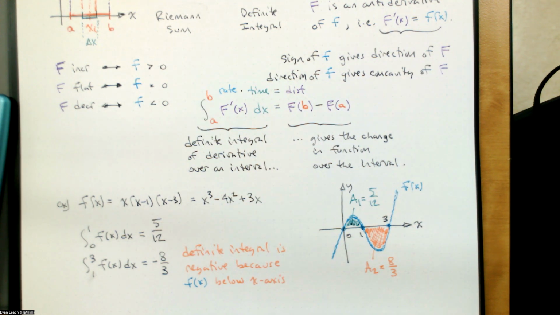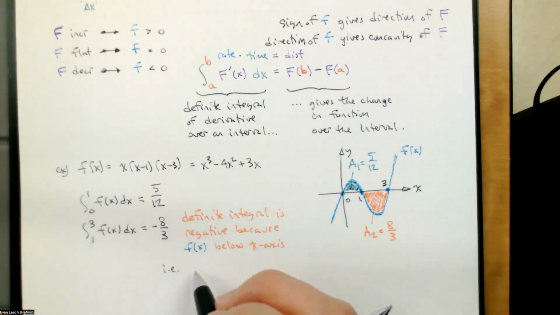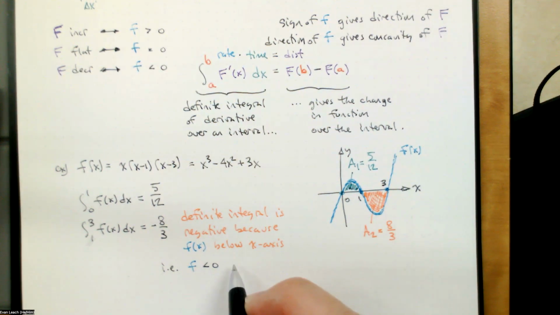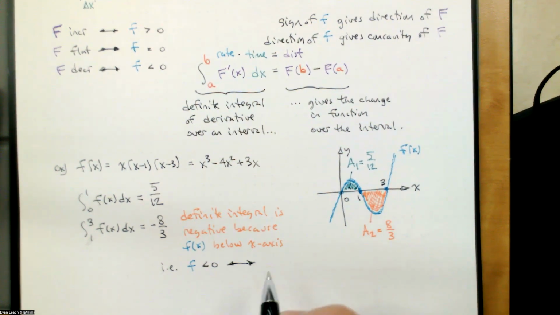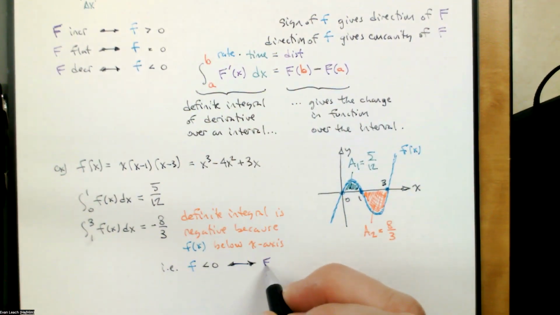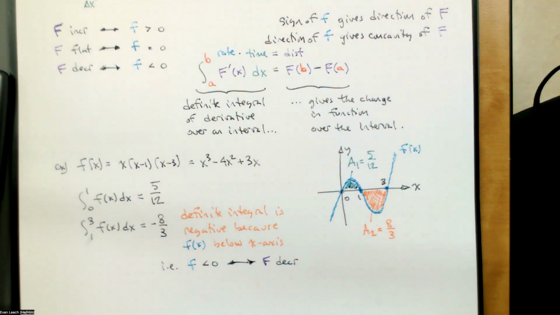The definite integral is negative because f of x is below the x-axis.